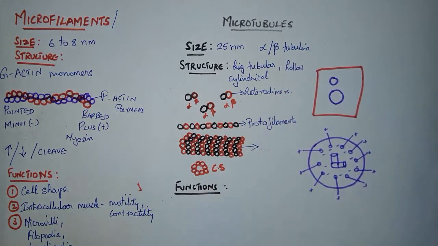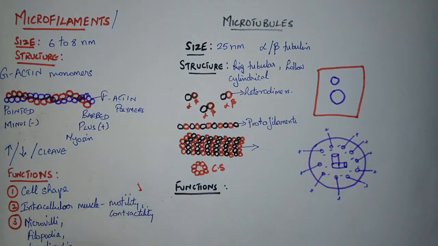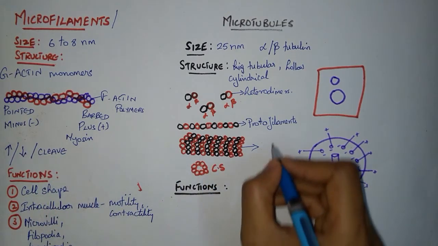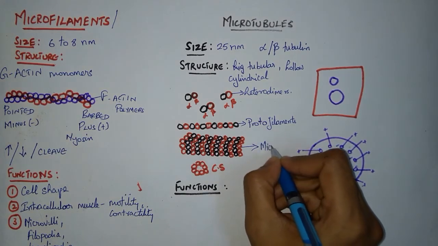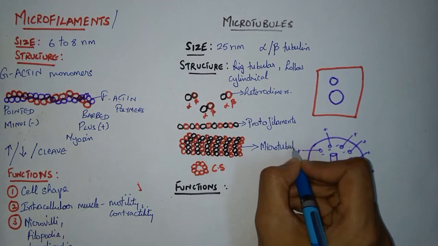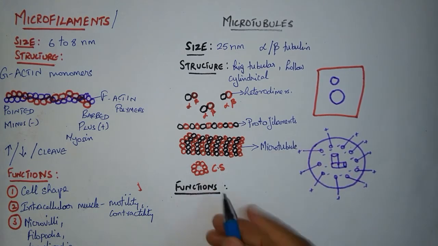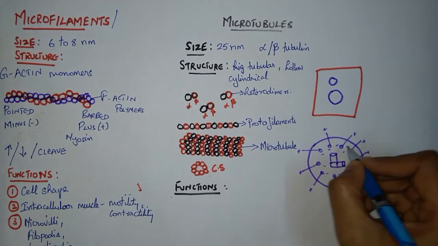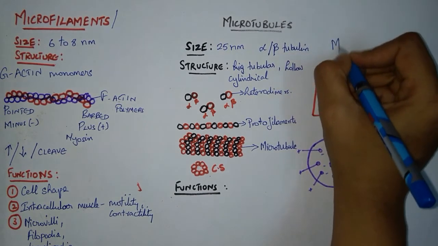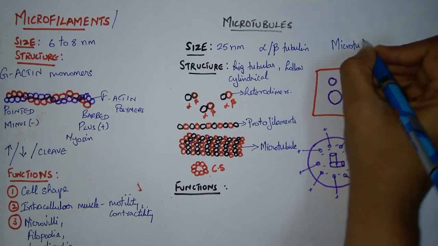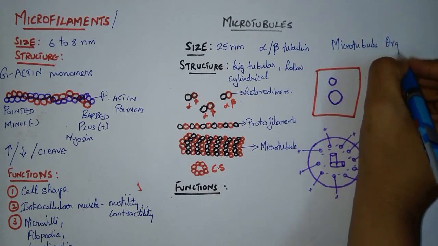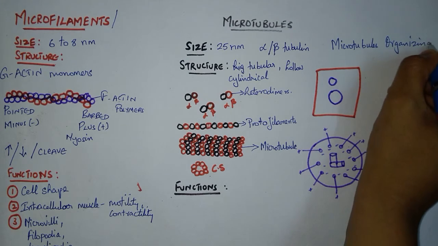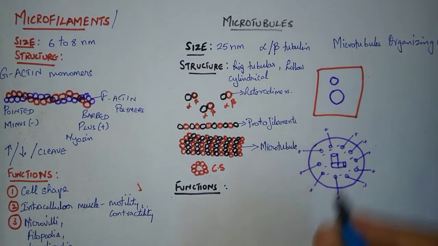What else we need to know about the microtubules is that, like the microfilaments, they also have a plus end and a minus end. All the minus ends arise from the centrosome. The centrosome is called the microtubule organizing center, MTOC.